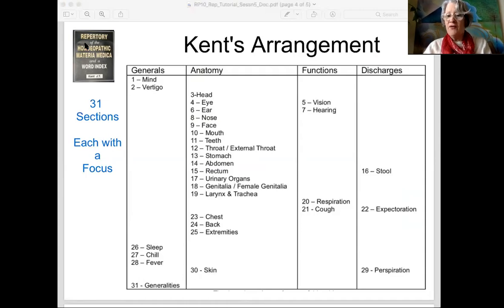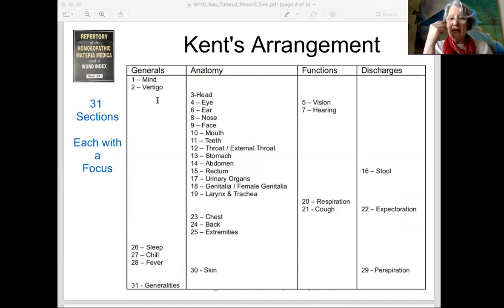Head, itching of scalp, exactly. So we've got a sensation and we've got a particular location. And the scalp is a place, one of many that Kent gives us, where itching is happening. Exactly. Okay. And then next we have the eye section.